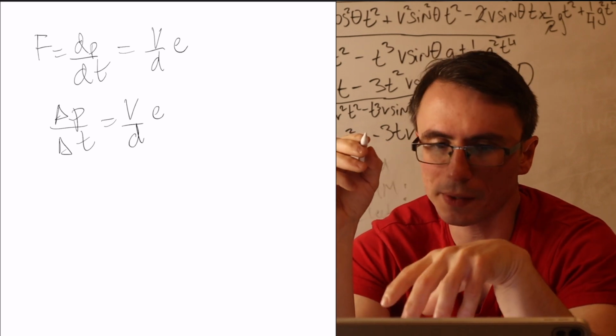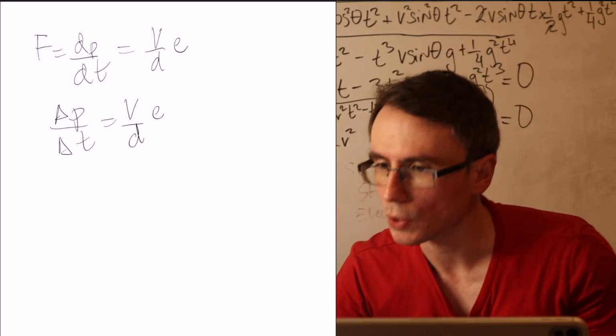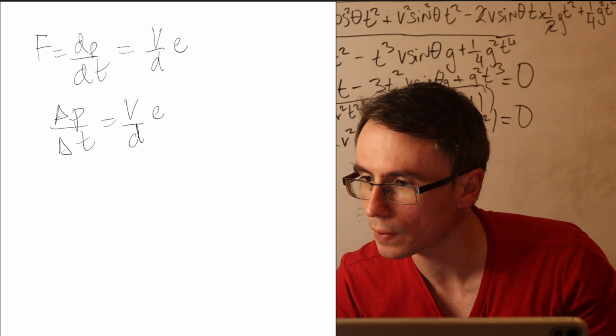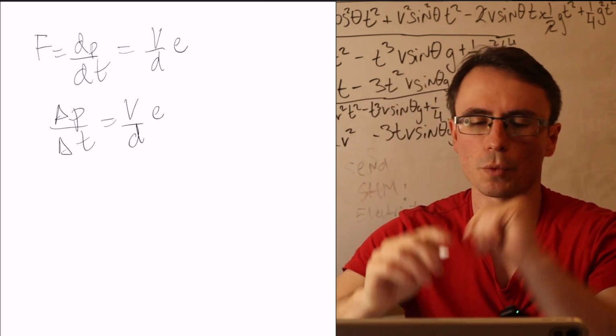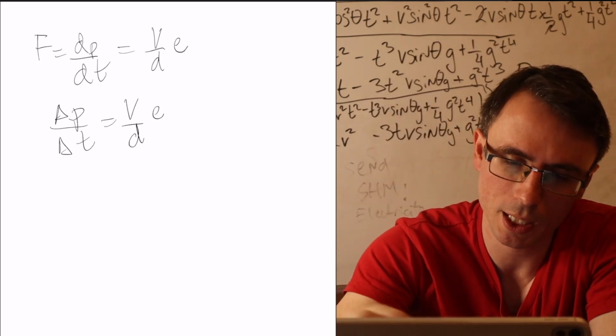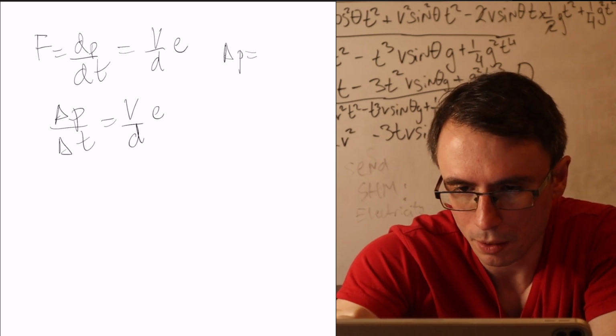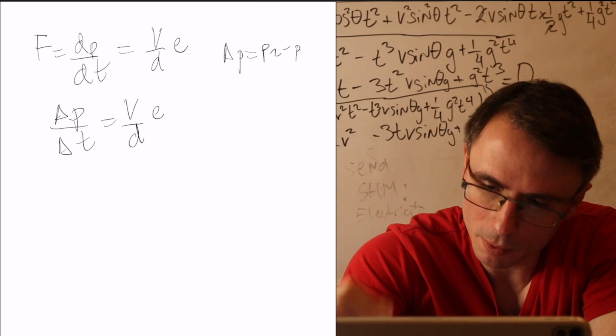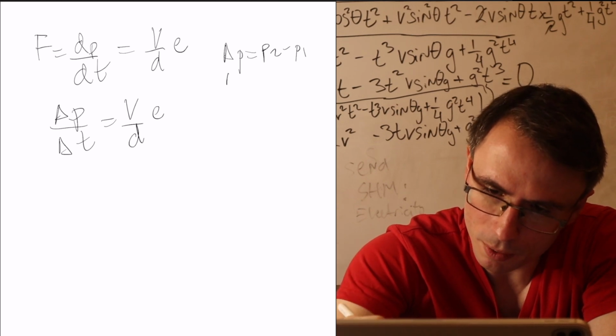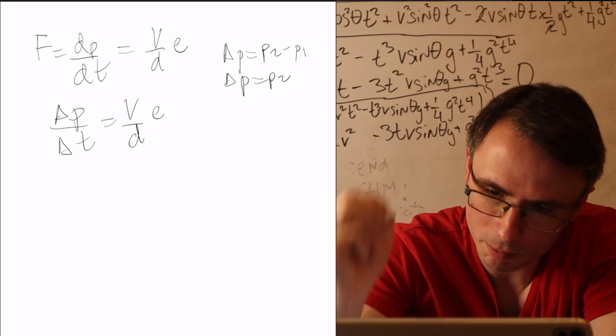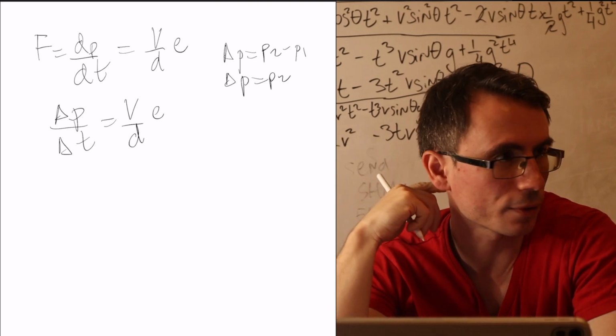Now, they're accelerated from rest, I imagine. Let's just double check the question is actually saying this. Yes, they're accelerated from rest. So we can say that delta p is equal to p2 minus p1, and p1 is 0. So delta p is p2. That's the final momentum after acceleration.